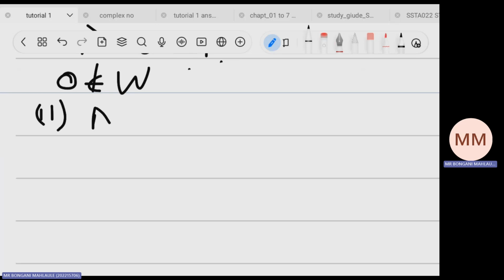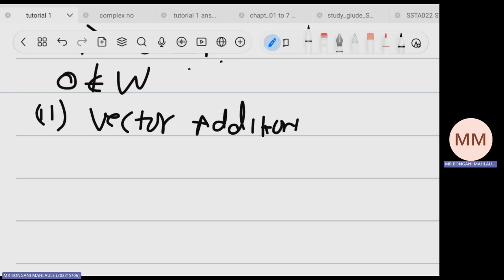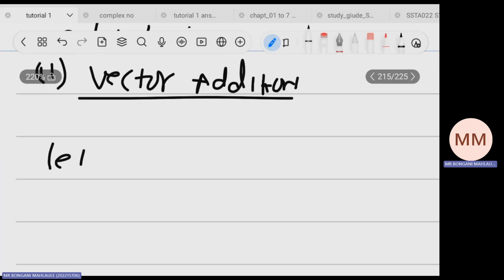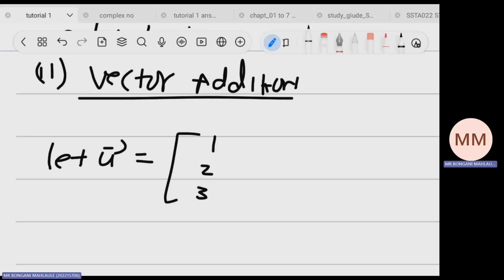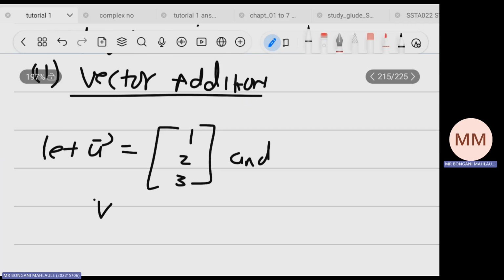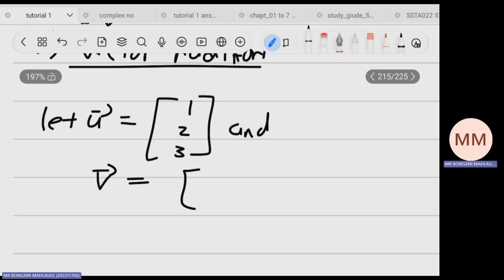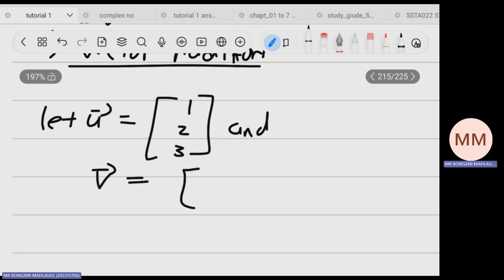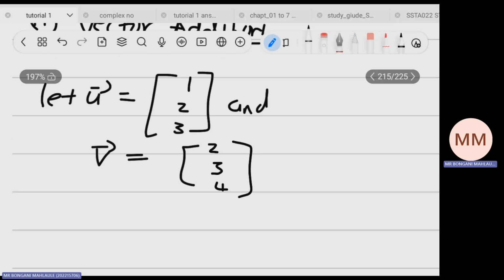Then you can check for vector addition. So we can say let U be equal to (1, 2, 3) and V to be (2, 3, 4).